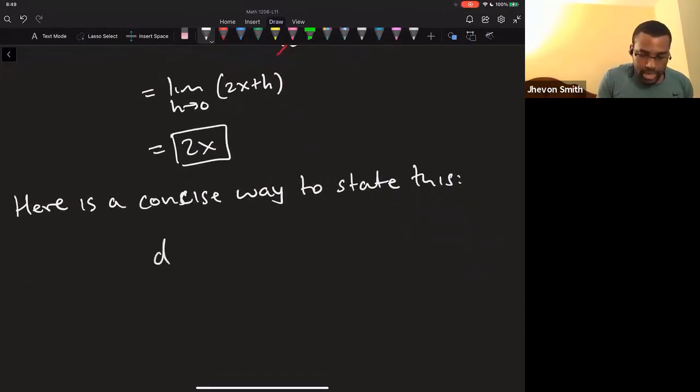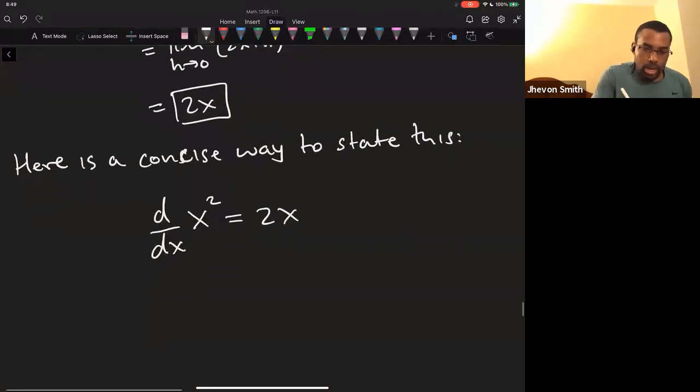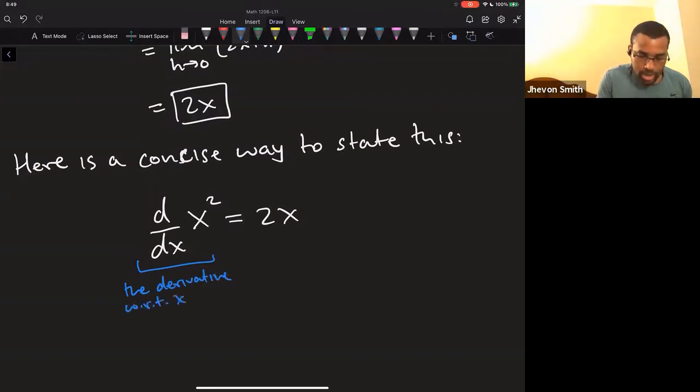We can say d dx of x squared is equal to 2x. And this is basically saying the derivative with respect to x, that's what this blue part is about, is equal to 2x. Right? And that's because the Leibniz notation, as I mentioned, it's very versatile.